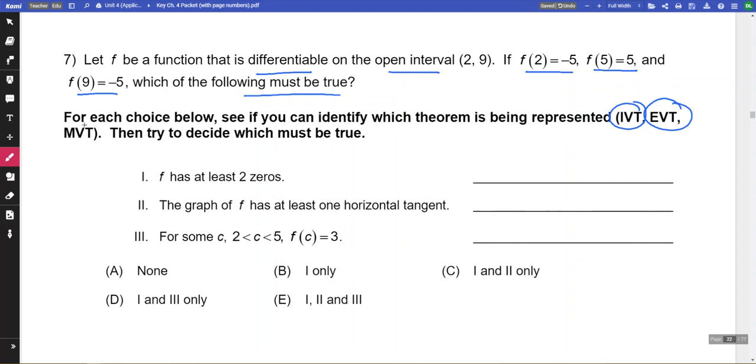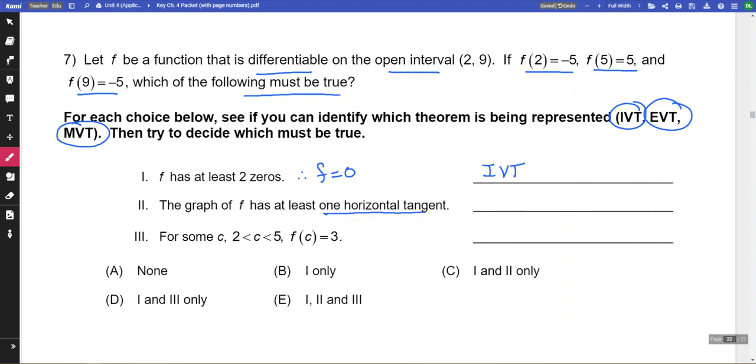If we're continuous on a closed interval and differentiable on the open interval, the mean value theorem applies. So, can we identify which theorem is being represented, then decide which must be true?